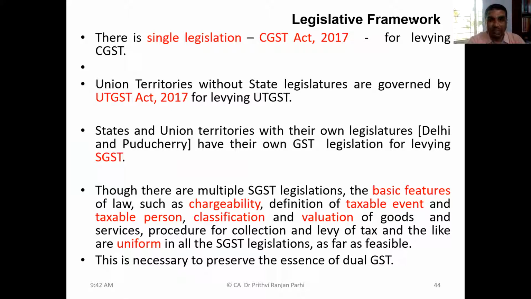So various acts, as I was telling you, even if there are various tax laws, various GST acts have been passed. Let me at this stage once again show you. Let me take you to the GST website. Just a minute. Earlier, we have already visited the GST website.